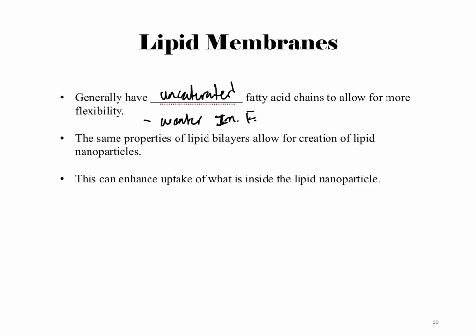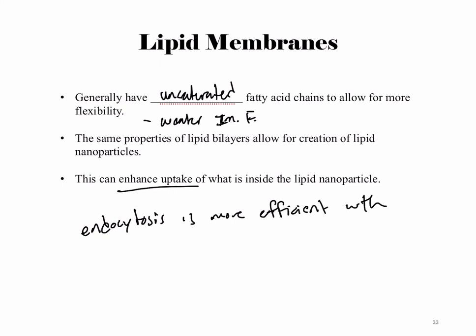Basically, you can engineer lipid nanoparticles based off of the concentration of the lipid in solution to then carry drugs. And so this can actually enhance uptake of certain drugs because it's easy for endocytosis. Endocytosis is more efficient with lipid membranes. And this is again governed by intermolecular forces.